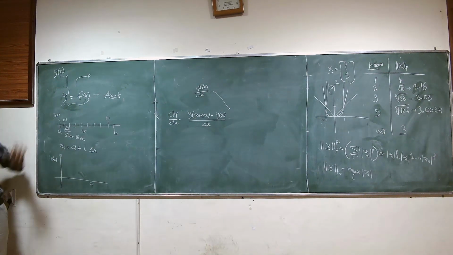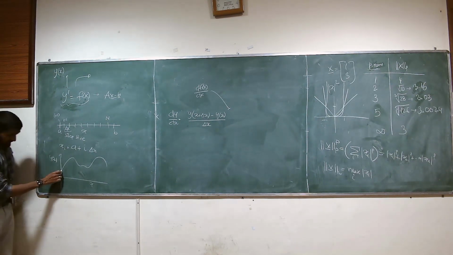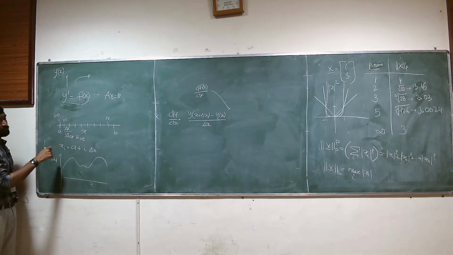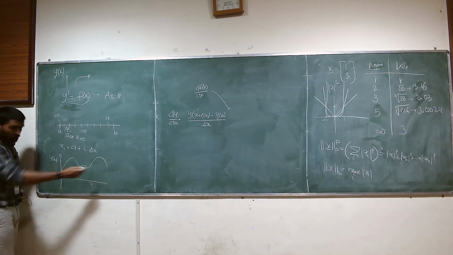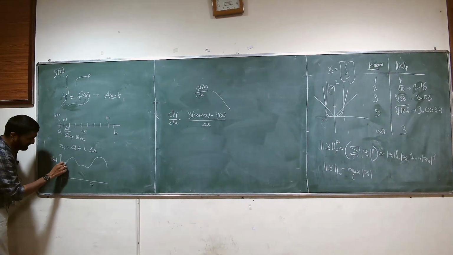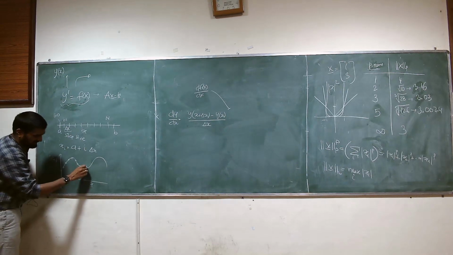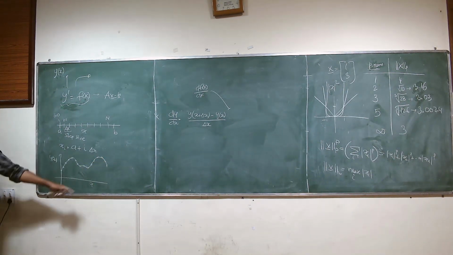If you had solved this analytically, maybe you would get a function like this. But we don't know how to get this. We know what f of x is, so we say we'll do it numerically. When you do it numerically, what you will get is the value of this function at specific points, at specific values of x. You get to choose what the specific values of x are.